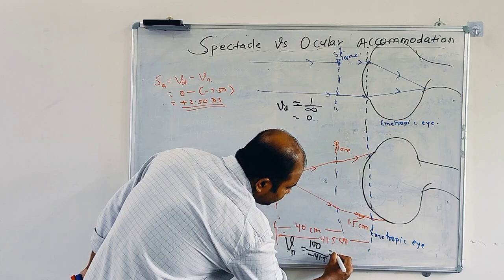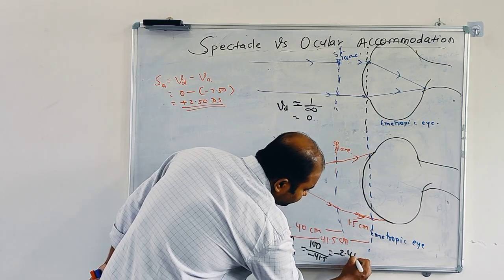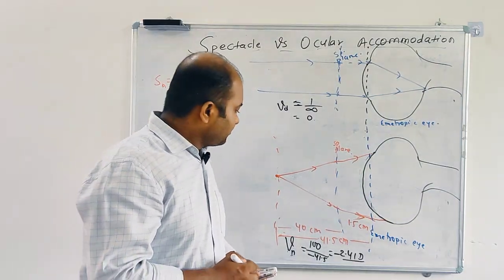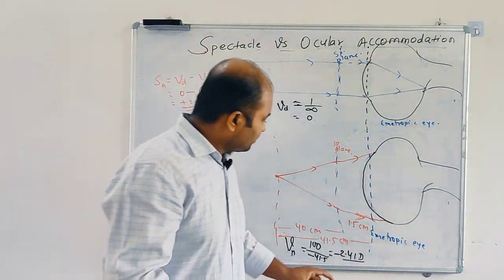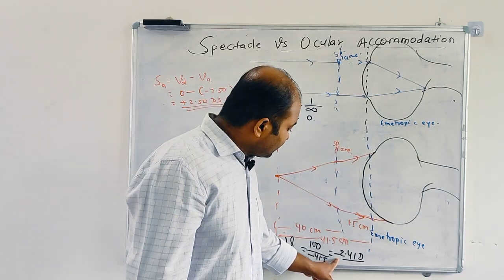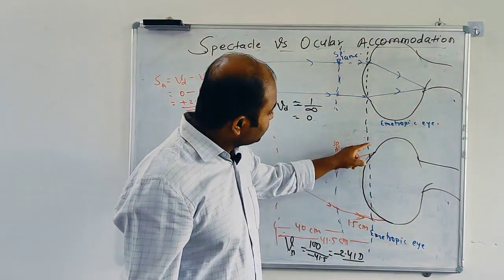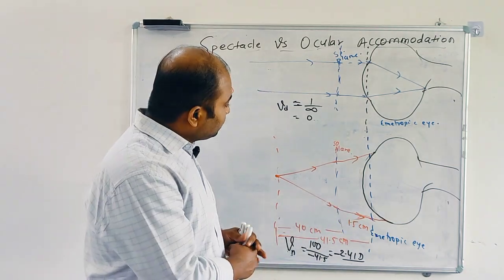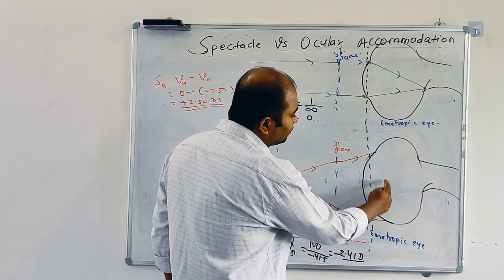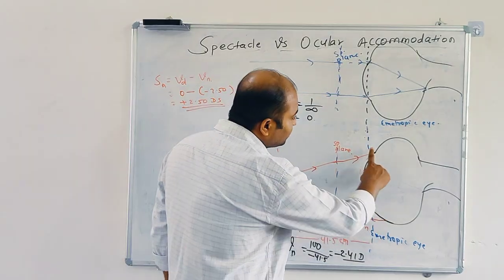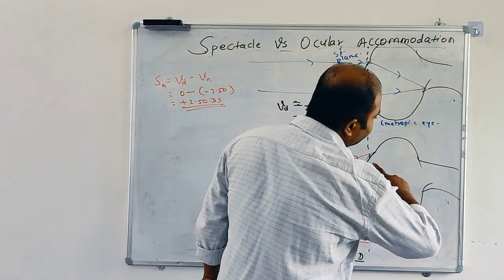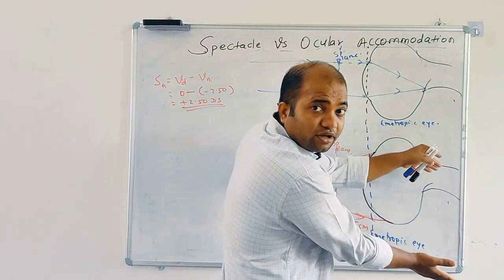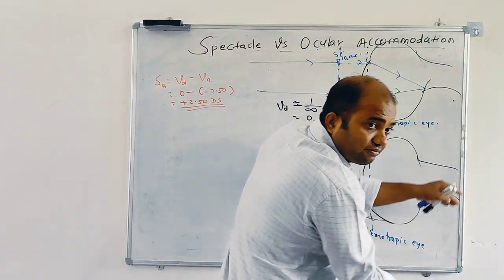It will be approximately minus 2.41 diopter. That means a negative vergence of minus 2.41 is created here. So if no other mechanism is inside the eye, this light will get focused, diverged by 2.41 diopter, behind the eye.